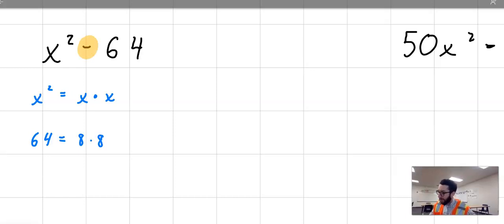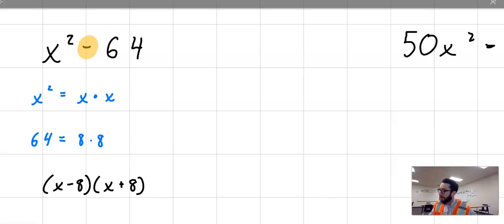It is subtraction. So because this is a difference of squares, you don't need to do the whole, right, find the factors of c that add up to b and do that whole thing. You can just look at it and break it up. So since my two values x and 8 are my squares, I can just factor this out as x minus 8 times x plus 8, right?